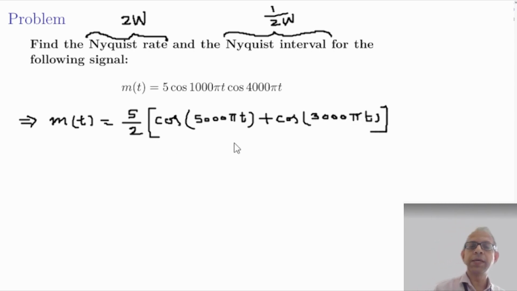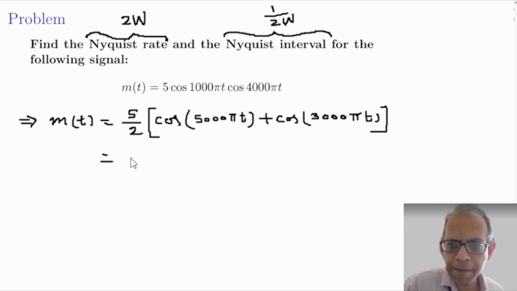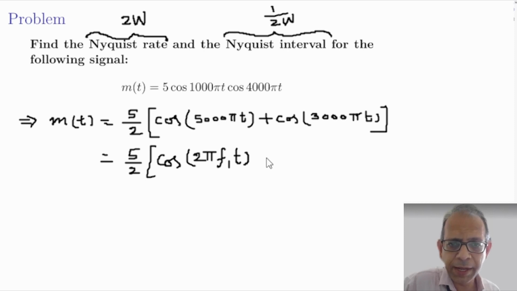Now we can see the frequencies present in this signal. We compare 5 by 2 times cos with the form cos 2 pi f1 t plus cos 2 pi f2 t.